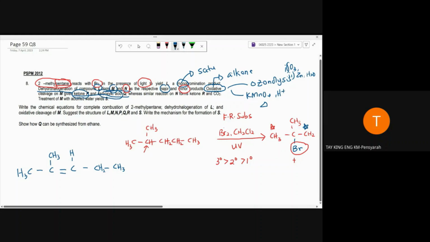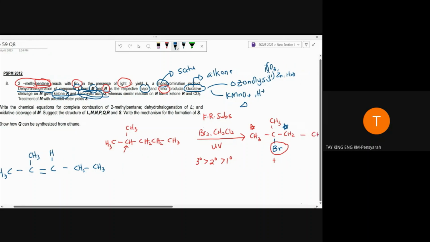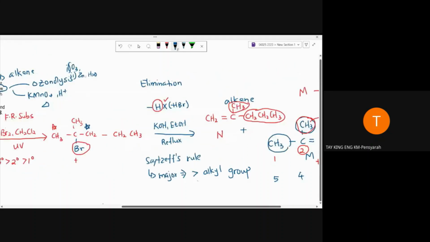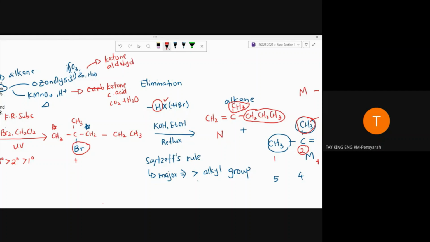So kalau nak hasilkan carboxylic acid, normally untuk KMnO4, dia boleh hasilkan keton, carboxylic acid, carbon dioxide dengan water. Kalau ozonolysis, normally dia hanya akan hasilkan keton ataupun aldehyde sahaja.